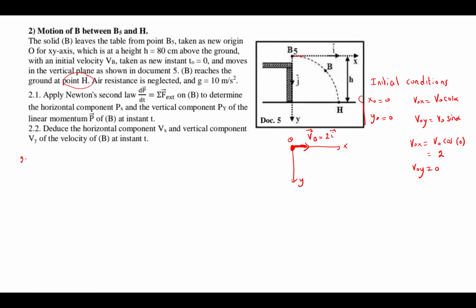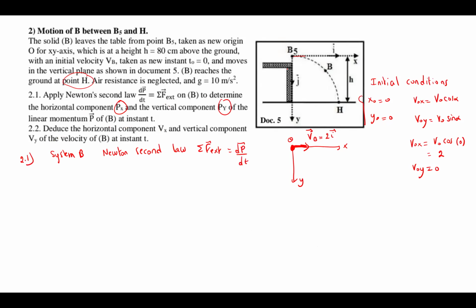Now, the question is, applying Newton's second law on B, determine the horizontal and vertical components Px and Py of the linear momentum. So we have the method. We'll take the system B. By applying Newton's second law, I will say that the sum of the external forces acting on B equals dP over dt.